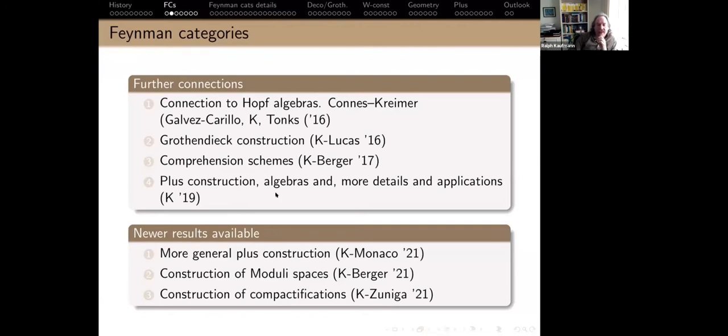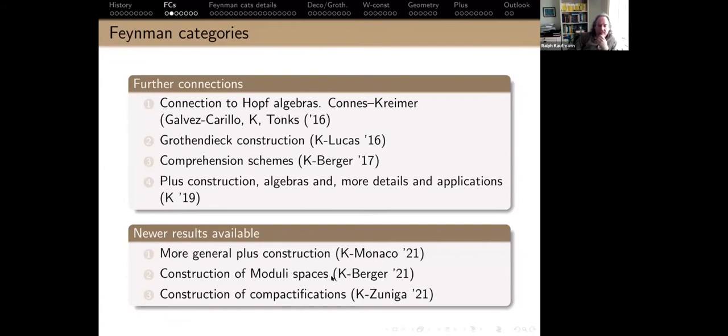And so there's a paper which I just recently wrote last year where the plus construction, and I'll say something about that, and algebras and modules and more details and applications are done. So they're very short in the 2013 book on Feynman categories, and this gives an expansion. And so the newer results which are available are this more general plus construction.